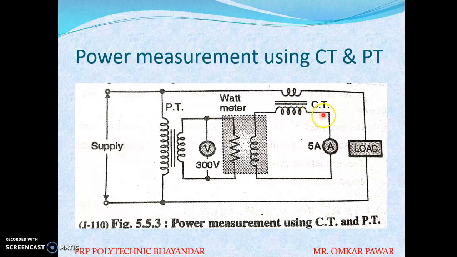So on the secondary side we connect an ammeter which senses the load current with respect to the primary current. So this is how we measure the power using CT and PT.